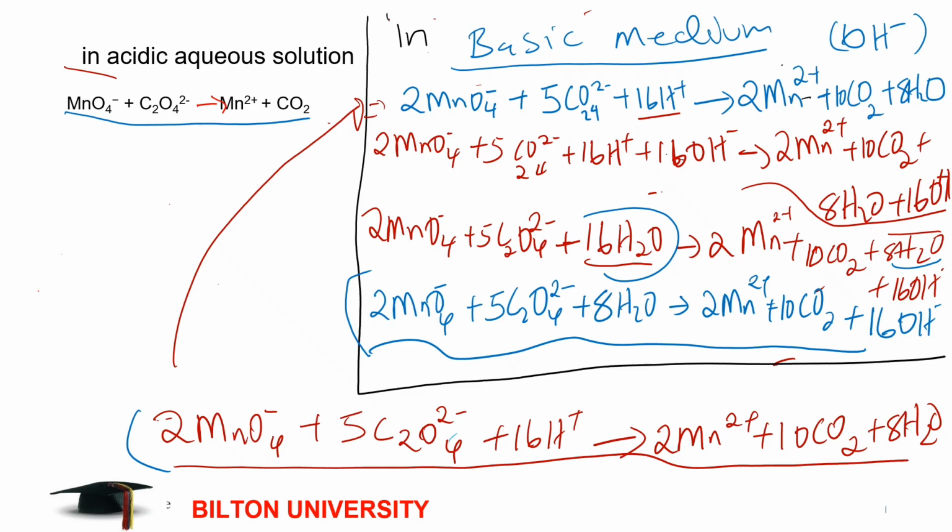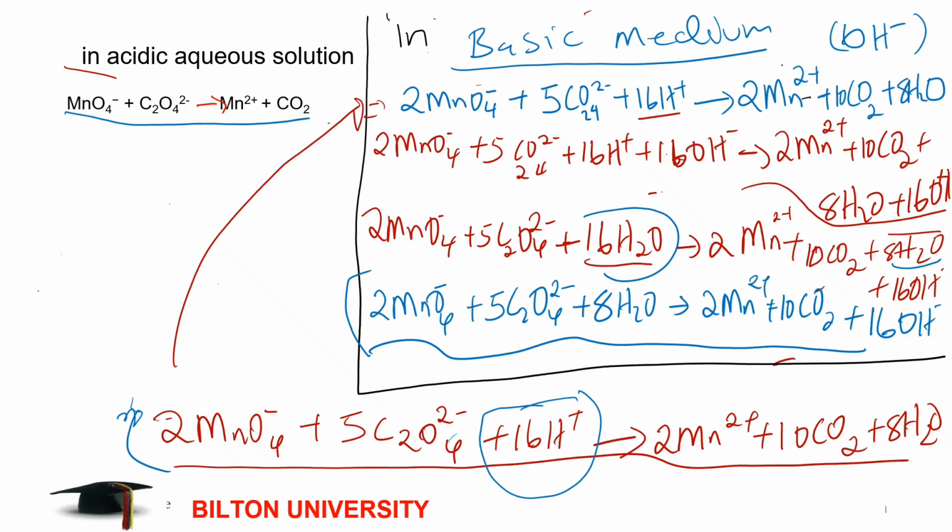So it's not as challenging as it looks, but the most important thing is to write your equation or balancing in the acidic media. Once you have reached the acidic media, you're going to realize that you have the protons that are remaining. So what you need to do is to introduce OH- ions, hydroxide ions, to balance it in the basic medium. The number of OH- you are going to add is equal to the number of protons that you have.